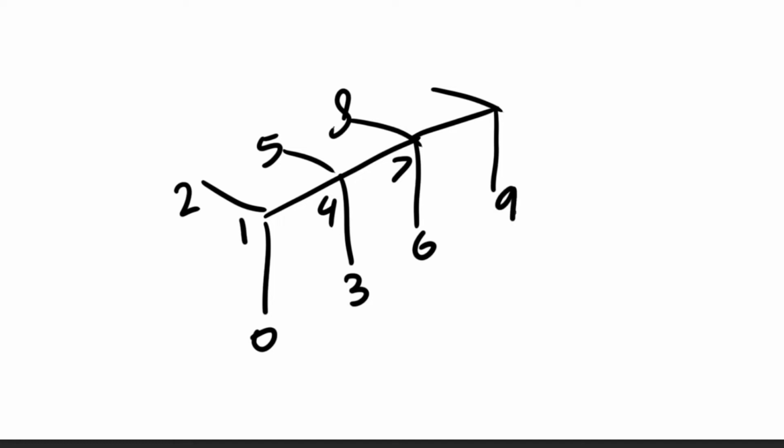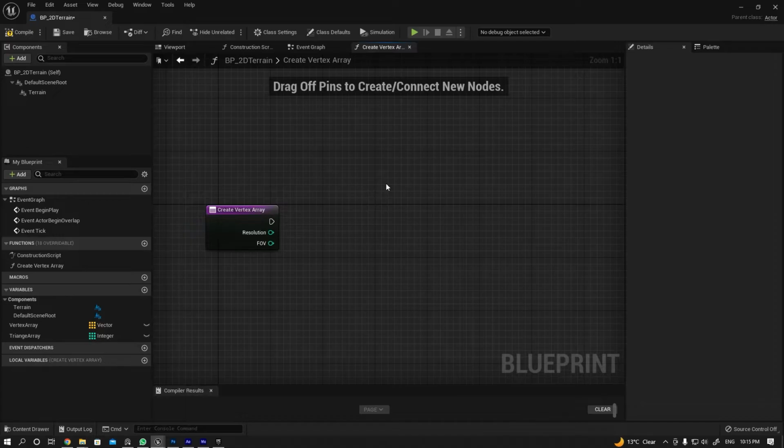Cross section of the mesh here. We see we have vertices going in order from 0, 1, 2, 3, 4, 5, 6, 7, 8, 9, 10, and 11. So for each iteration I, we're going to be generating 3 vertices. Now, how do we do this in Unreal?